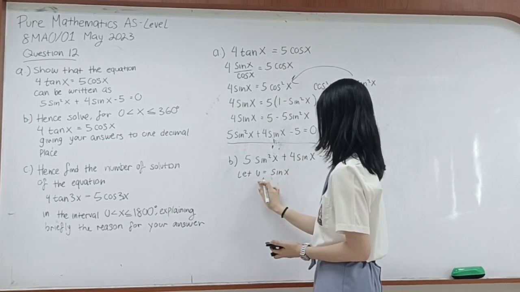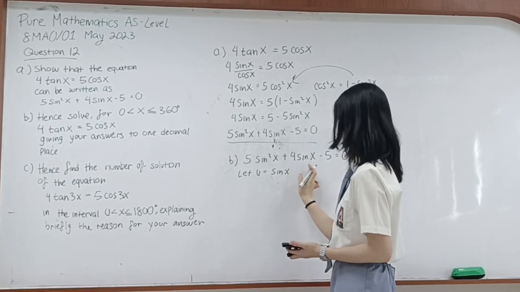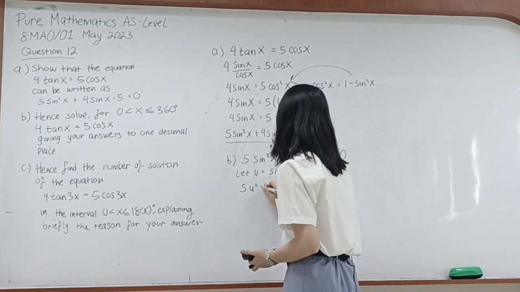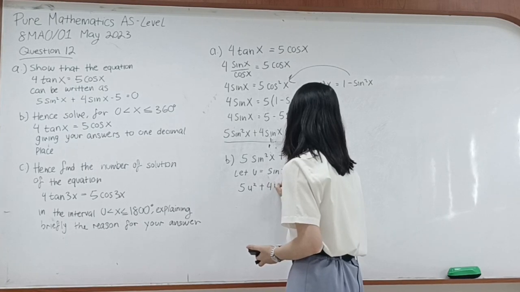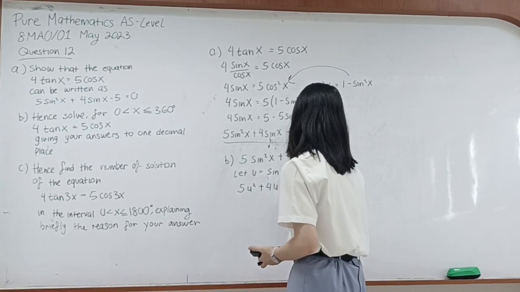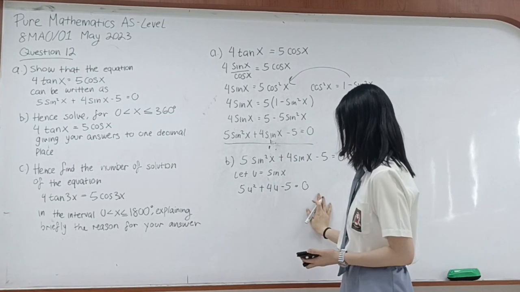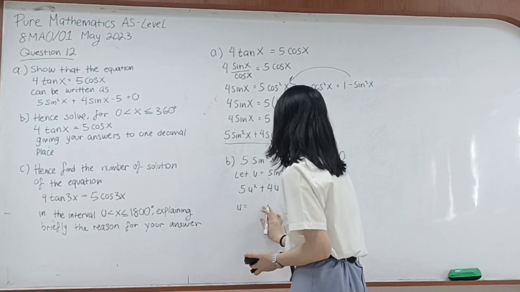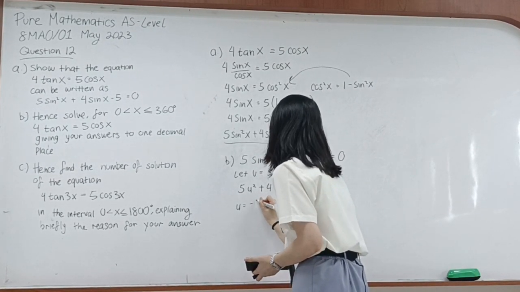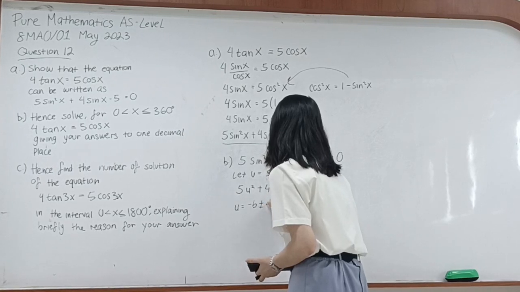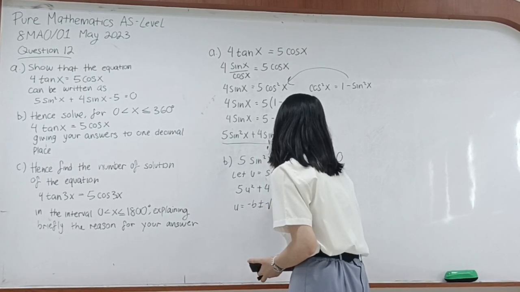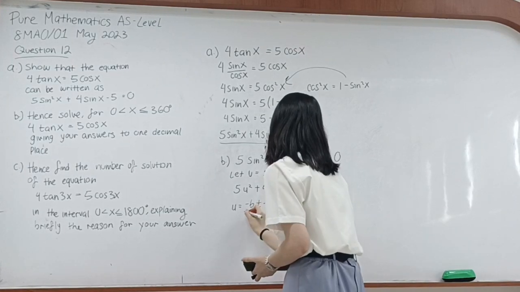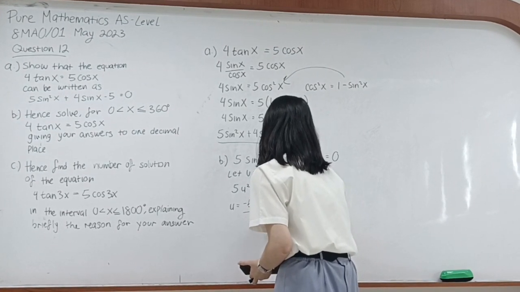And now we can just substitute the value within this equation, which would give us 5u squared plus 4u minus 5. So this should look familiar, and we want to solve for u, and we can do that by using the quadratic formula, which is minus b plus or minus square root of b squared minus 4ac, divided by 2a.